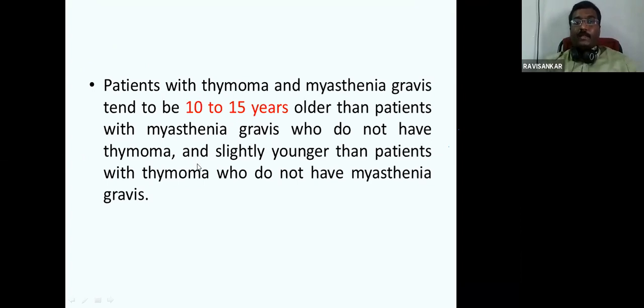And also slightly younger than patients with thymoma who do not have myasthenia gravis. That means younger age, myasthenia gravis alone occurs. Next is thymoma and myasthenia gravis. The slightly older group would be thymoma alone.